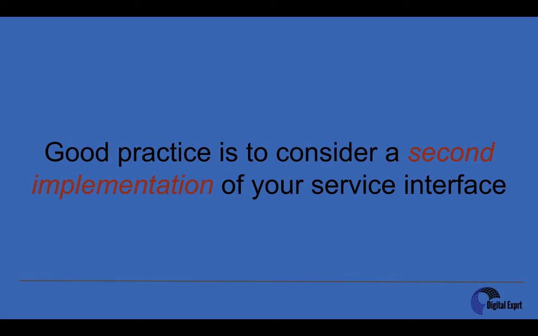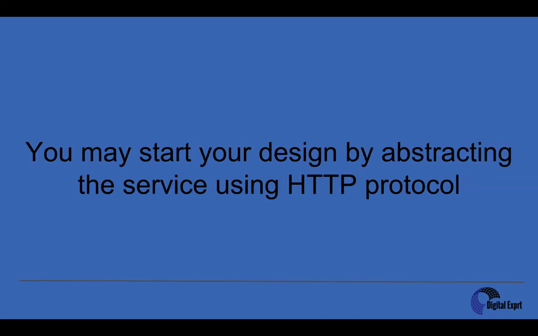If we're not sure whether we are really building a simple service, and whether we are doing premature abstraction, it is a good practice, very advisable, to consider a second implementation of your service interface. What that means is, let's say you start designing your service by abstracting it using HTTP protocols.